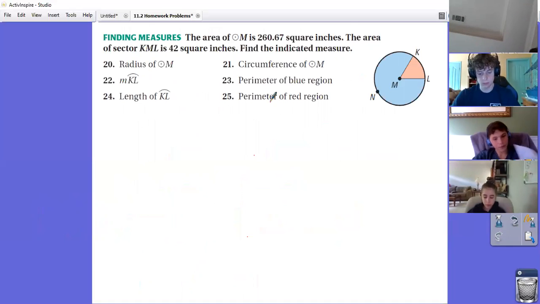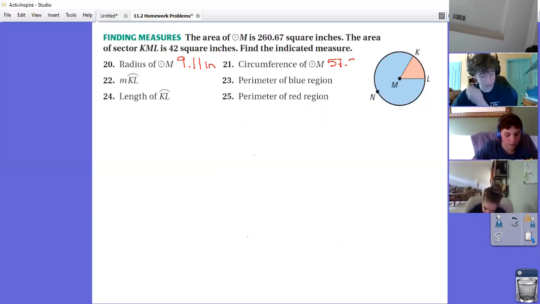So the radius was 9.11 inches, and then the circumference is that, and then the measure of arc KL was about 58 degrees. It should have been pretty close to 58.